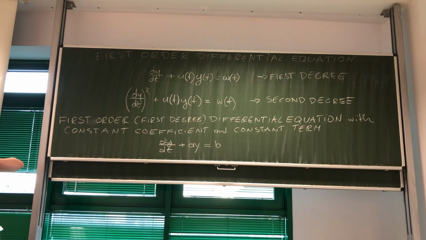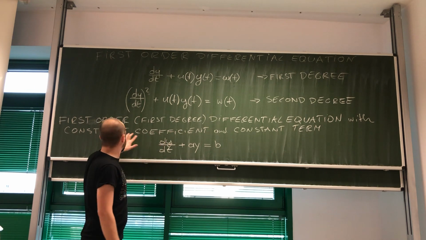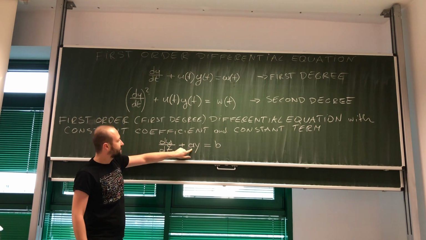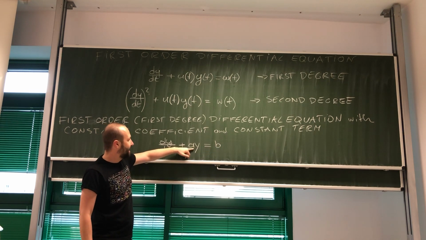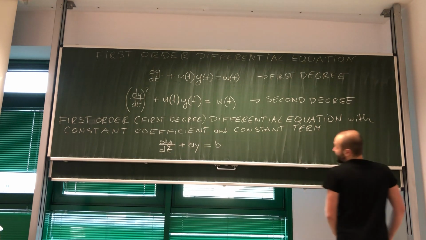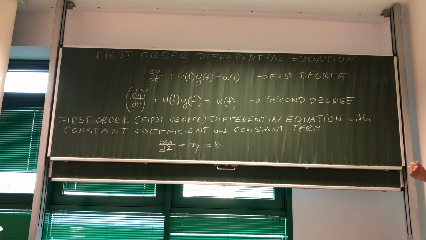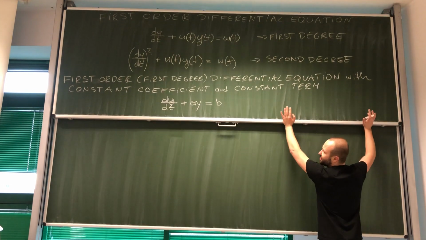Now the question is, how do we solve it? Maybe let's first look at some things. In this equation, we have a constant coefficient and a constant term, which means both a and b are given numbers. They are constant. And as it turns out, in these circumstances, solving those equations is relatively simple.